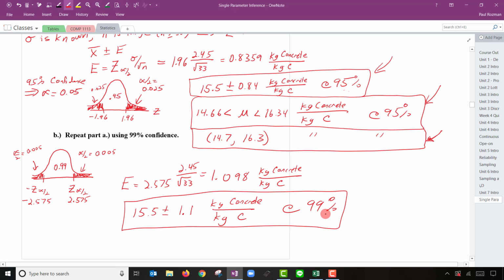You notice what happens, the difference between the 99% and the 95%, it got wider. So in order to get more confident in my answer, I needed a wider range of values. So being more confident ends up having a wider range, which might not be as helpful. Sometimes this error ends up being so wide that it becomes useless.